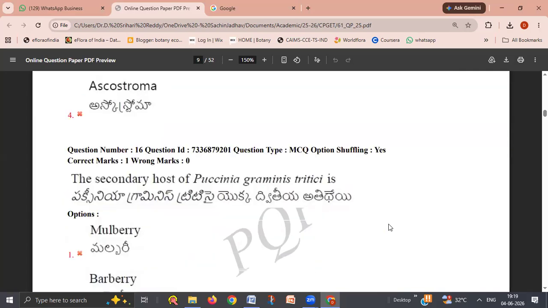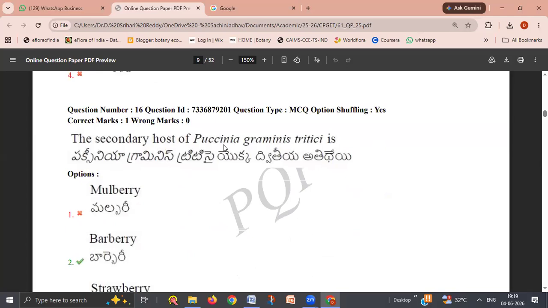Next, the secondary host of Puccinia graminis tritici is. So you know Puccinia, which belongs to the family Basidiomycetes. We already discussed Puccinia graminis. It causes rust disease in wheat.